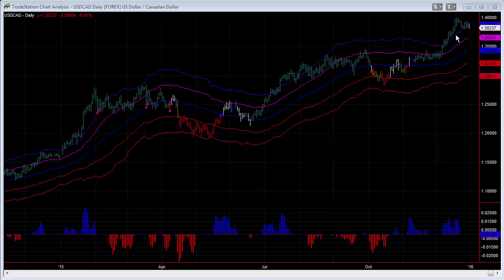If you're going to see a correction and a rally in the crude oil, it's very possible that the dollar Canadian is going to have a larger correction in the first month of January. So we're just going to watch that. It depends upon what the price action is doing in regards to crude oil. But in this particular case, it's still bullish, but we're going to watch to see if we're going to have a larger correction.